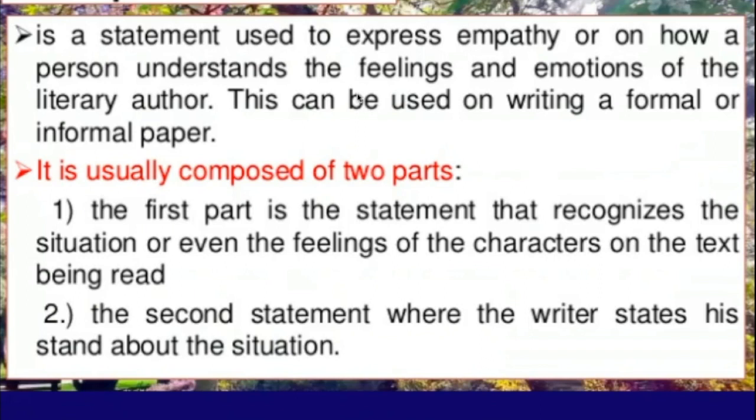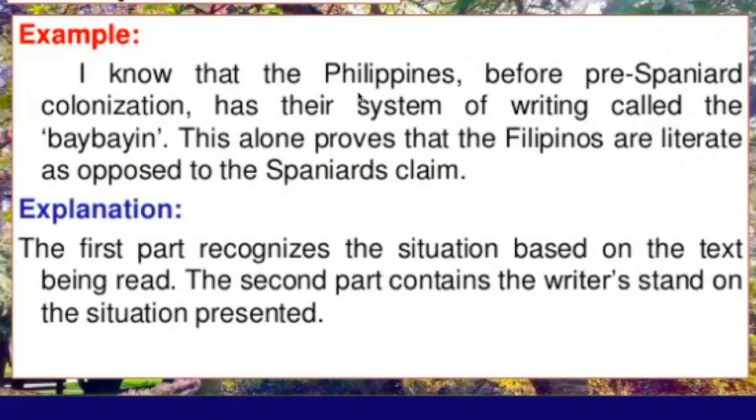It is usually composed of two parts. What are these? The first part is the statement that recognizes the situation or even the feelings of the characters on the text being read. And the second statement is where the writer states his stand about the situation. Let me give you an example. Emphatic assertion: "I know that the Philippines, before pre-Spaniard colonization, has their system of writing called the baybayin.